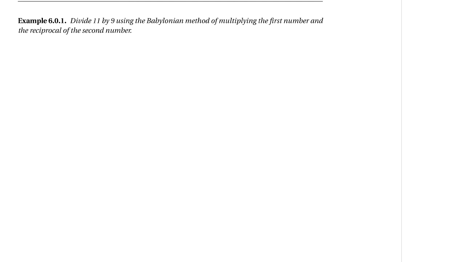Now, remember, in our number system, if we have 0.123, then the meaning is 1/10, 2/100ths, and 3/1,000ths, right? That's the meaning of it. And actually that is 10, 10 squared, and 10 cubed.